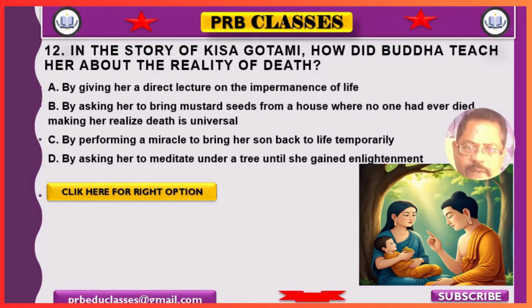Anyhow, question number 12. In the story of Kisa Gotami, a story from Lord Buddha, how did Buddha teach her about the reality of death? Mrityu Satya, reality of death. See, my dear students, in this world, all are false.